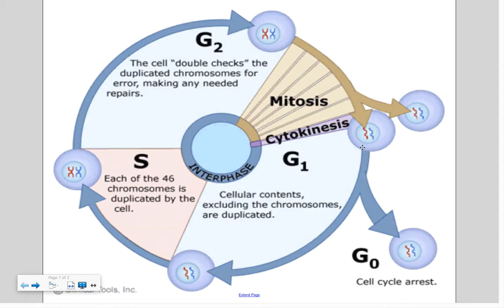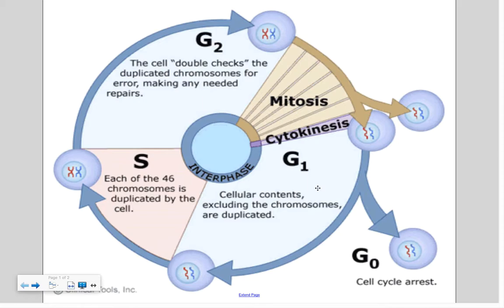The other path it could take is over here, which is what we call G1. Here, the cell continues to grow. It's developing, it's maturing into that cell that will perform its function, whether it's a muscle cell that needs to contract or a skin cell that will provide a barrier to your body.